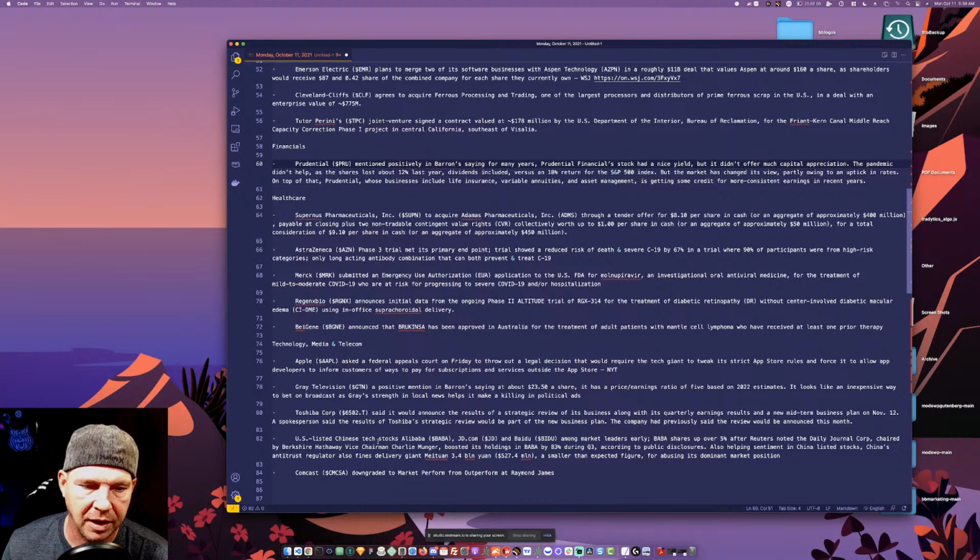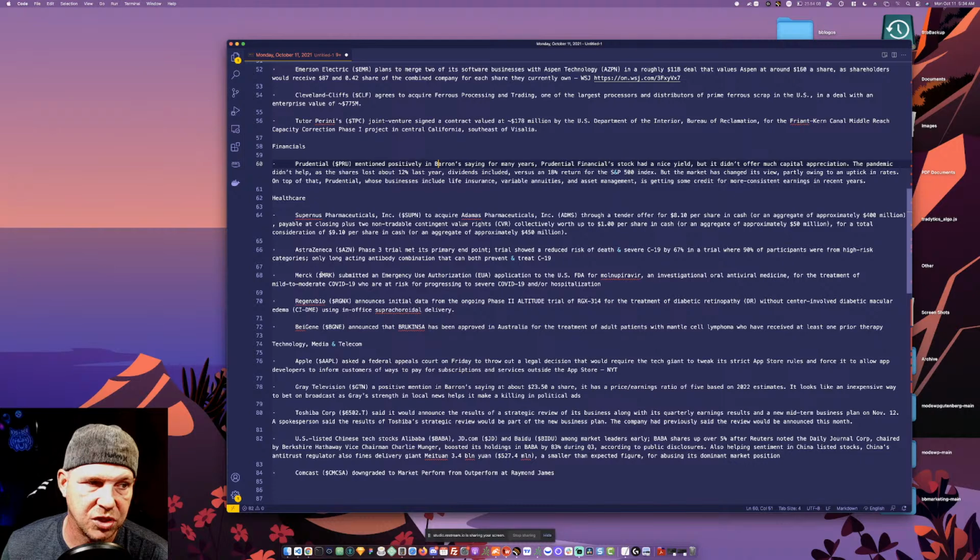All right, moving on. Medical news that's coming out, these two have caught my eye. Merck submitted an emergency use authorization for its investigational oral antiviral medicine for COVID. So they got approval 2 weeks ago, and they applied for emergency use authorization this week.